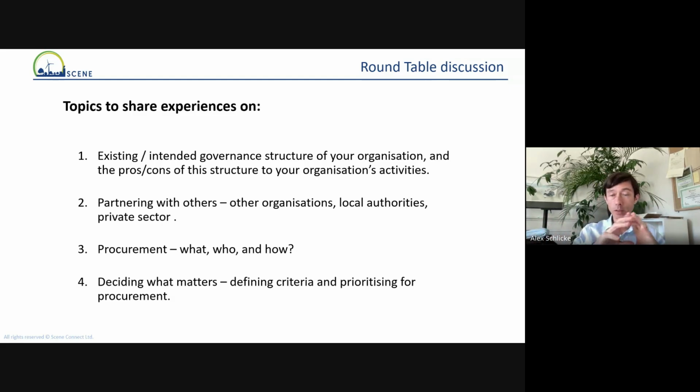Do you want to separate out the construction phase from the operation phase, and have a separate maintenance contract to the construction contract? How are you going to configure that? I would say that you don't necessarily need to have made those decisions at the time when you go to market.